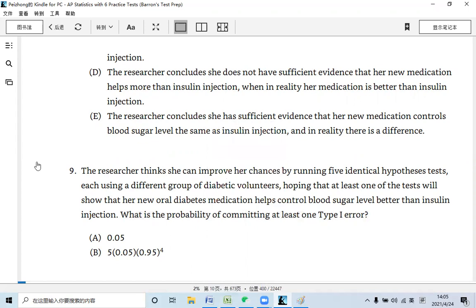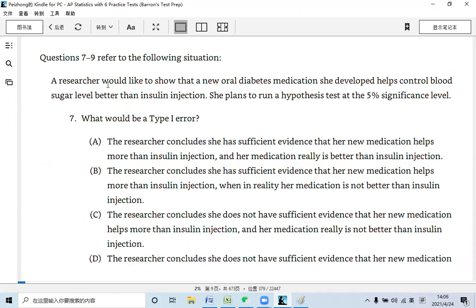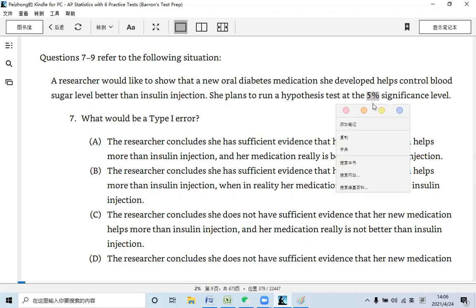At least one. Let's look at what the question says. She's using a 5% significance level.